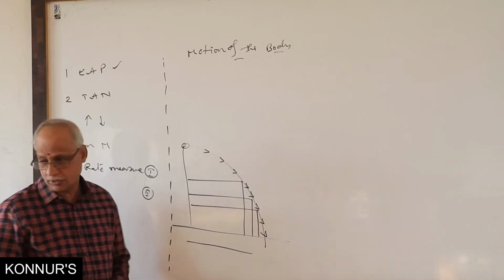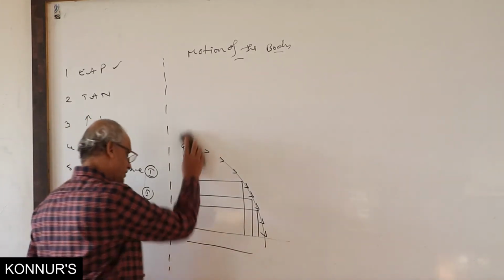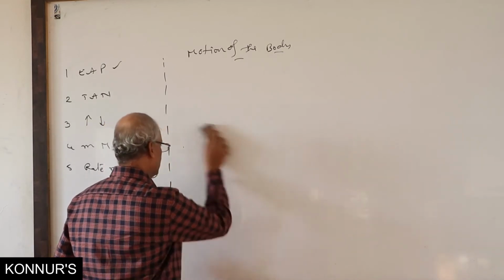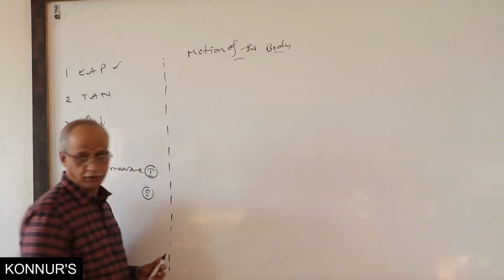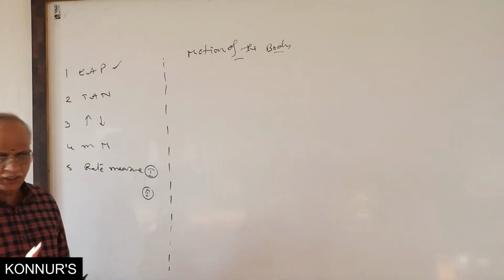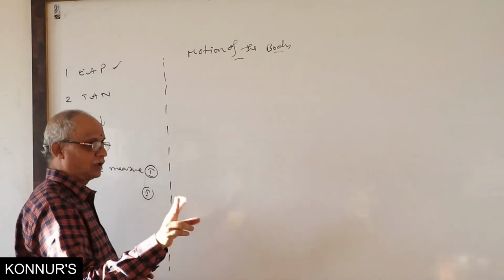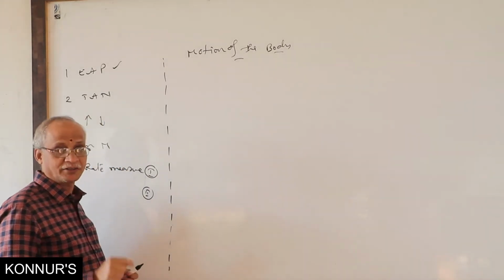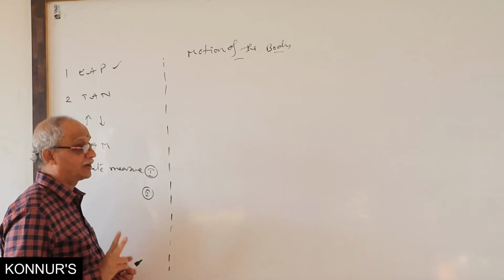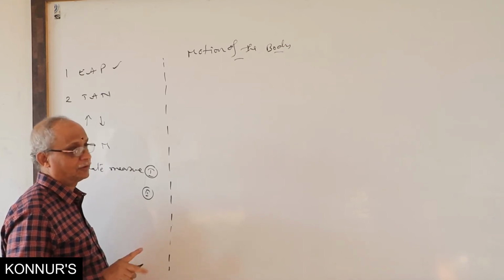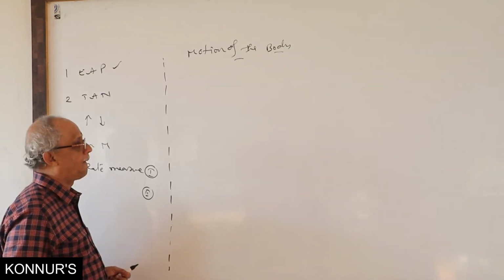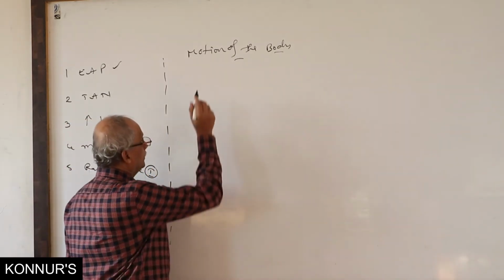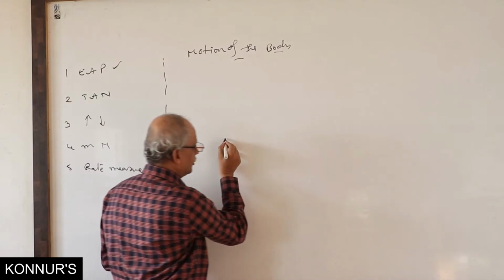Okay, so what I want is, first we start with the relation between two variables. Every time, remember, we discuss with two variables, since we deal with two-dimensional geometry, not three-dimensional. In that way, we go for linear motion of a particle.